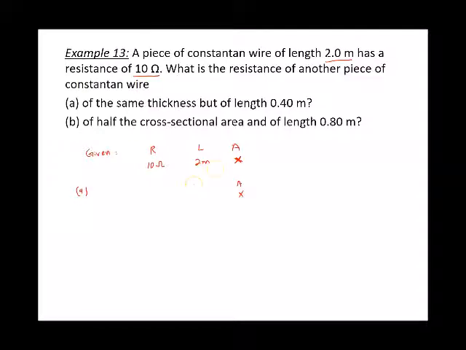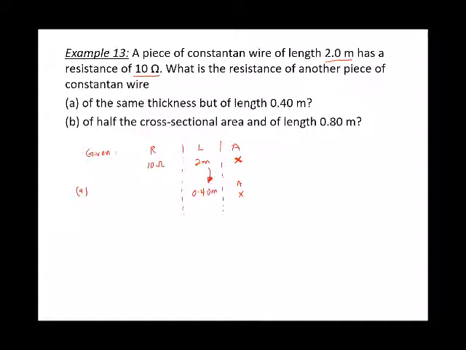But the length over here will now be 0.4 meters. If there is no change in the area, it will not affect the resistance, so I don't need to care about the area for this question. But the length changes.